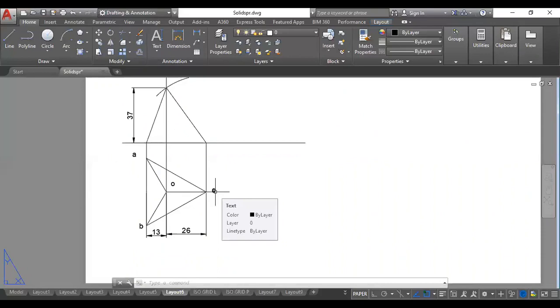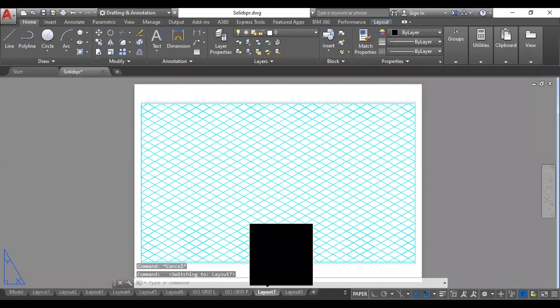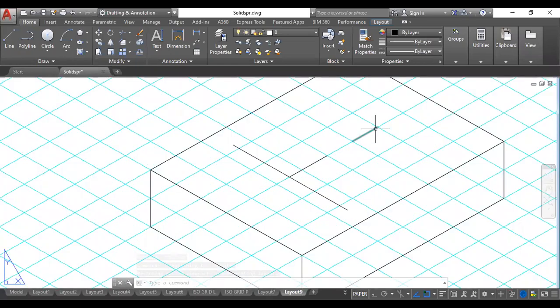So C is at a distance of 26 from the apex. If you go straight from the apex, C is at a distance of 26. So what I will do is, from this apex point, I should go 26 further on the front side.